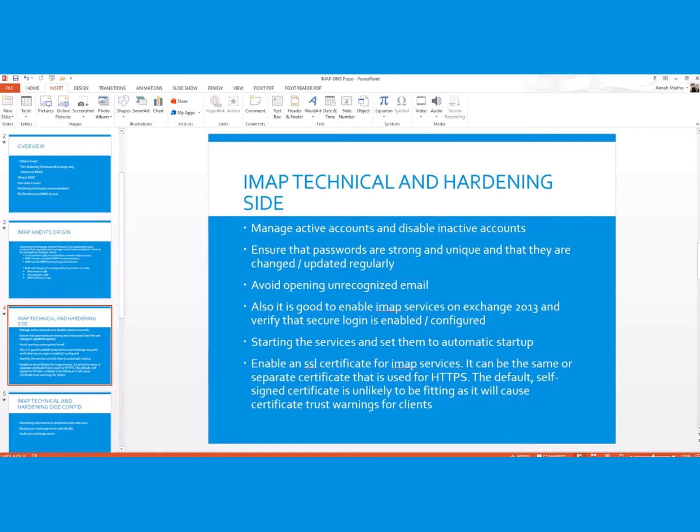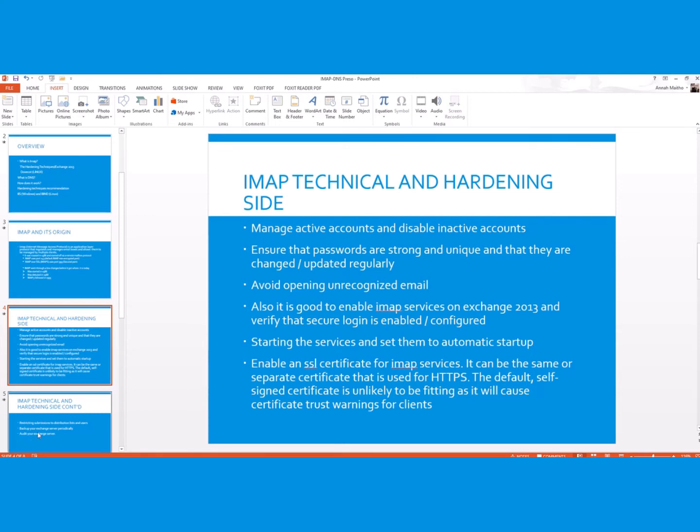It can be the same or separate certificate that is used for HTTPS, since the default self-signed certificate is unlikely to be fitting and it will cause certificate trust warnings for clients.